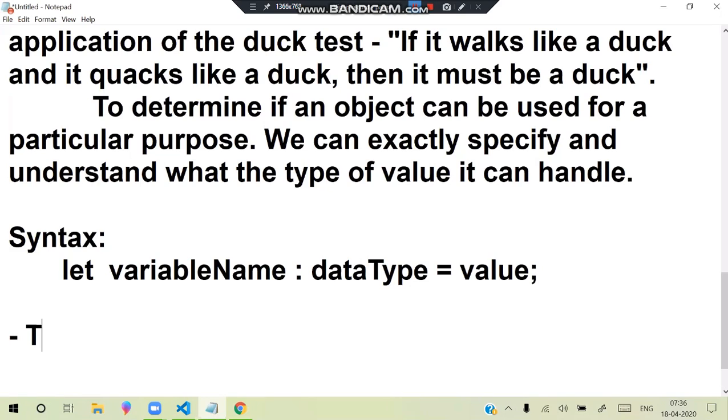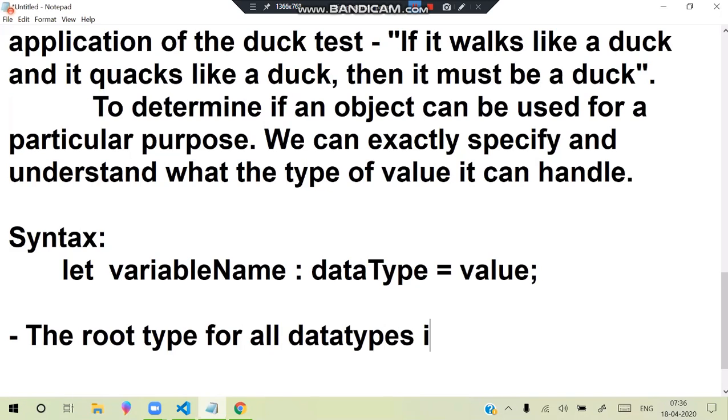The root type for all data types in TypeScript is any.